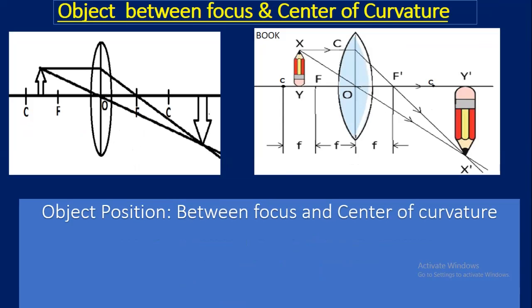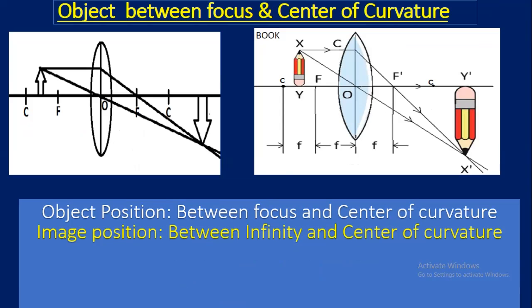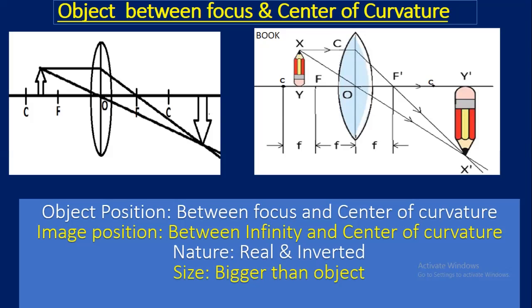The position of the image is between infinity and the center of curvature, the nature of the image is real and inverted, the size of the image is bigger than the object, and the magnification is greater than 1. This is all the information for the object between focus and the center of curvature.